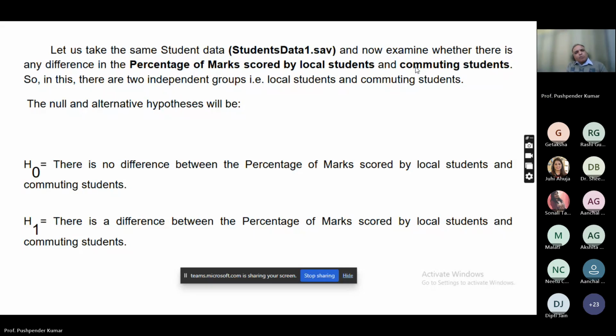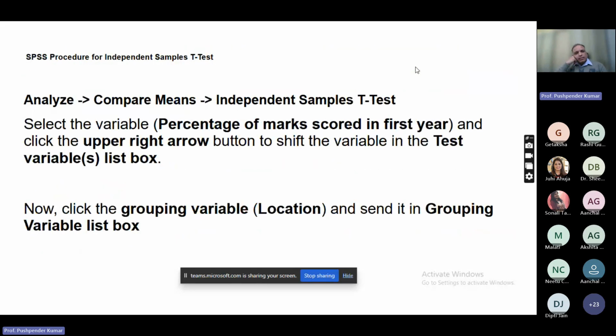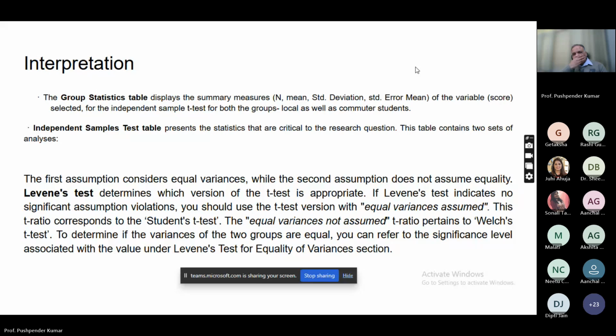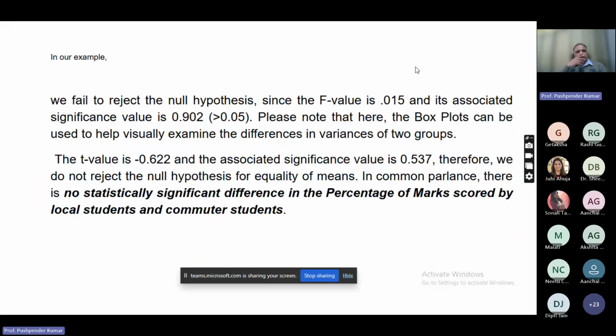Okay. Now, I'm going a bit fast. Here, analyze. This is the command. Let me see what the result is. Okay, this is the result.